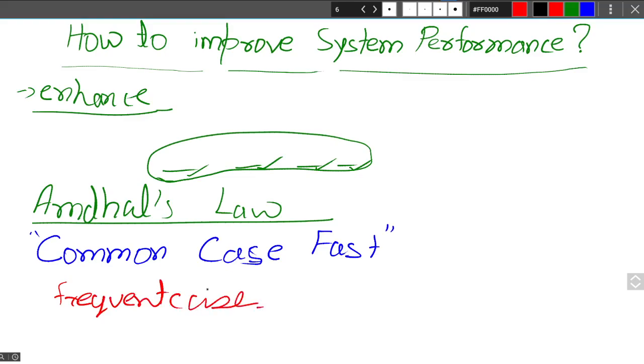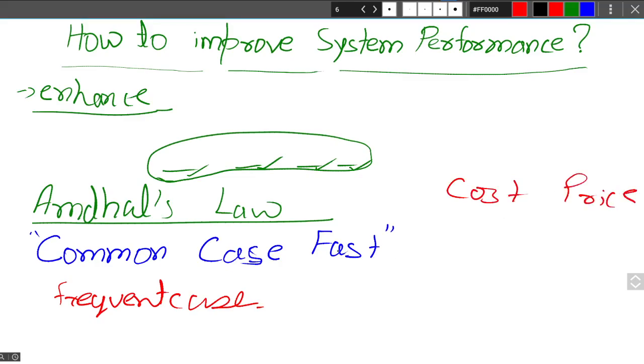Those parts of your system which are used most frequently should be enhanced within the cost and price limit. Within the cost and price limit means you can understand about cost and price.